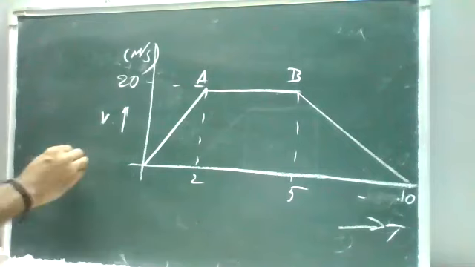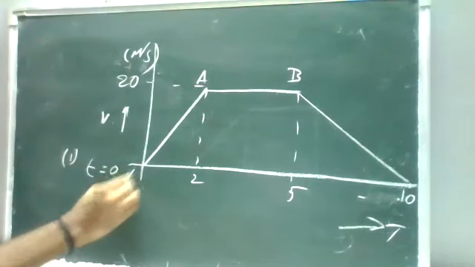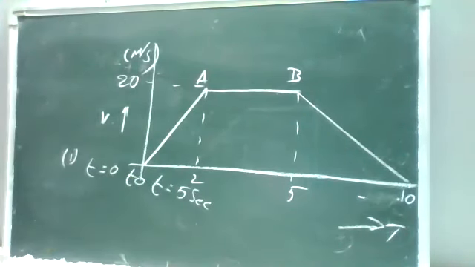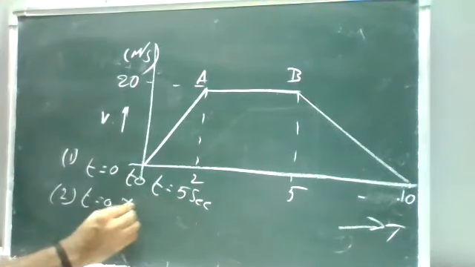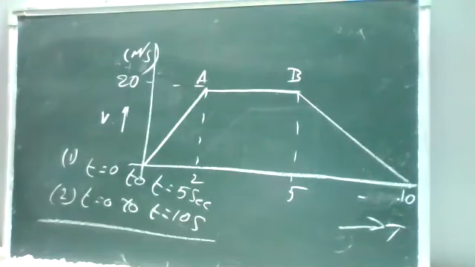We're going to find the displacement first between t is equal to 0 to t is equal to 5 seconds, and second between t is equal to 0 to t is equal to 10 seconds. Try to find the distance covered.